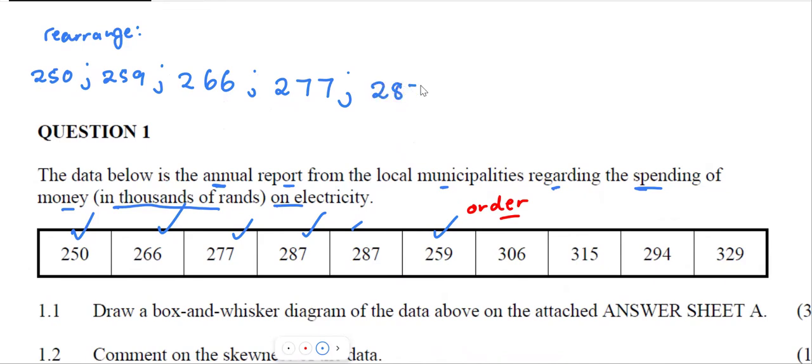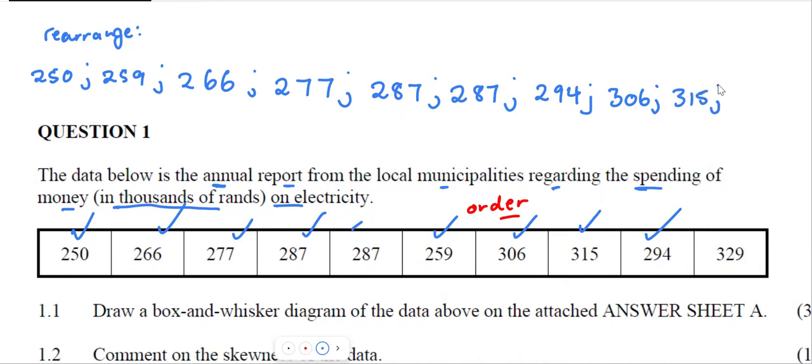So that's 287, and another 287 again, then followed by 294. We also have 306, so we must consider the order of size. 315, and we also have 329.